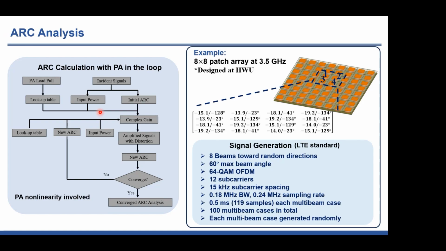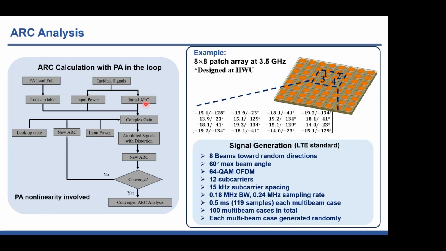Here is how we calculate the ARC of the active antenna array. In the calculation, we take the PA nonlinearity into consideration. Basically, we start from the incident signal and the lookup table of the PA load pull.